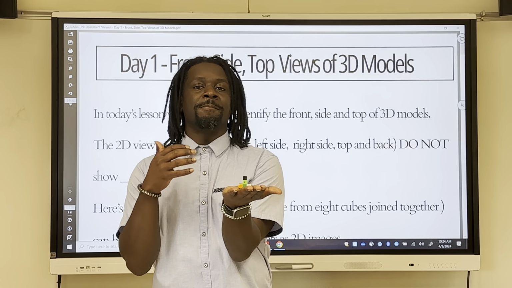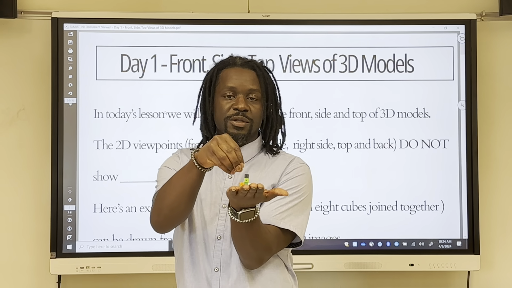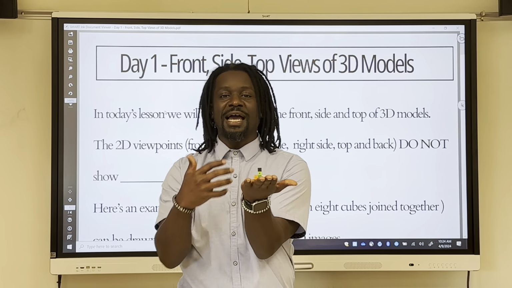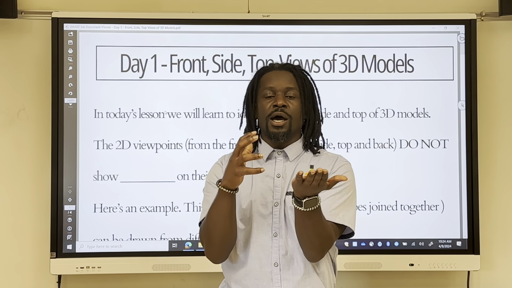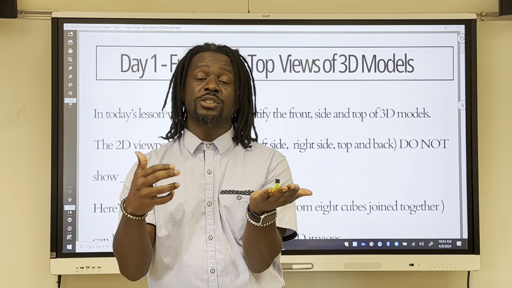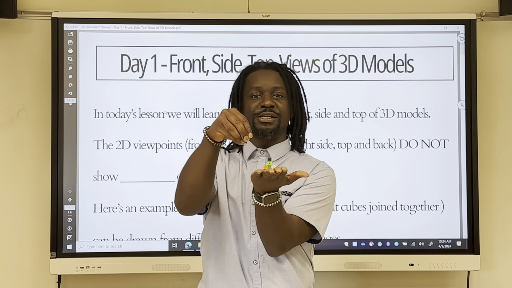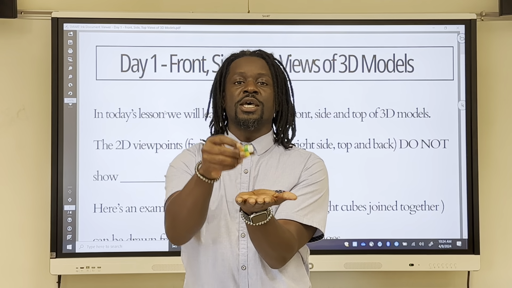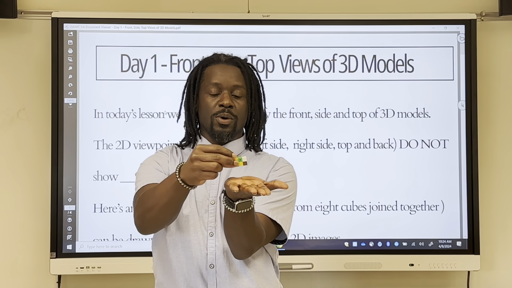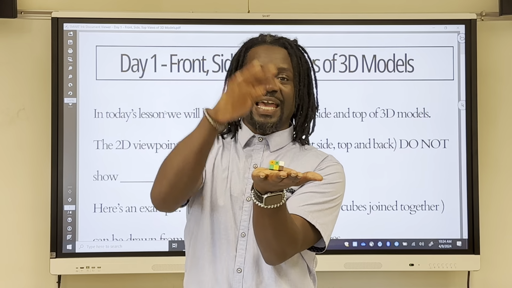Because we're talking about three-dimensional figures, but we're not going to have actual figures that we can hold, we're going to have to resort to talking about three-dimensional figures on a flat surface. In other words, imagine taking this cube or this model and flattening it, right?